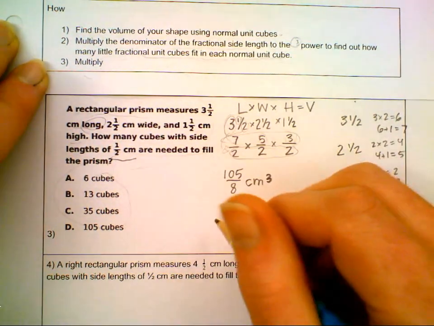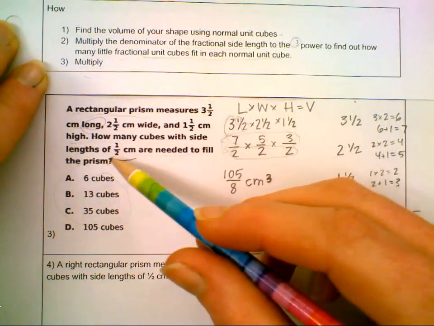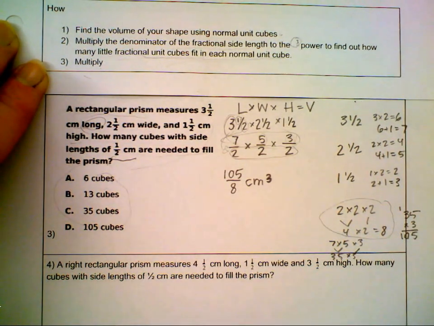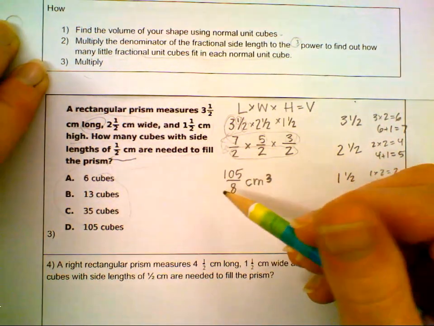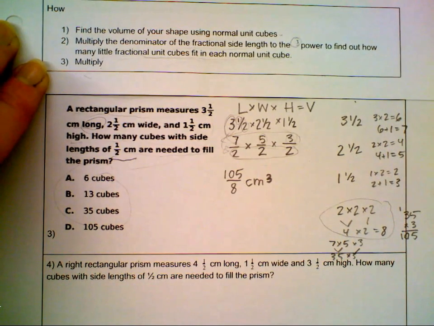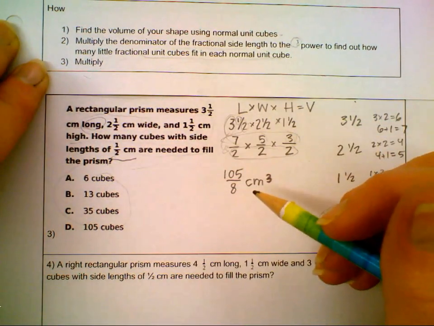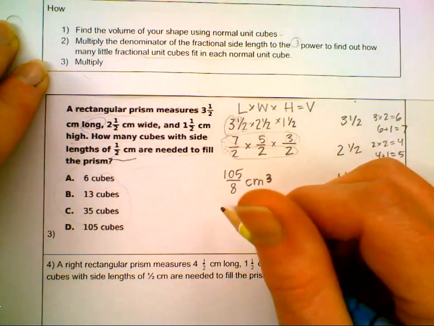I already actually know that 2 times 2 times 2, because I did it right here, gives me 8. So I don't actually have to repeat too much here. Now, what I do need to do, I know that 8 cubes fit into the whole unit cube, the 1 centimeter unit cube, or the 1 centimeter cube.